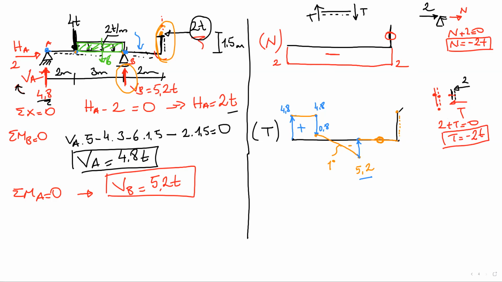Here, what is my shear force? It's minus 2. The negative region, 2. So from the top of this vertical portion to the bottom, there is no other external loading which changes the shear force distribution on the vertical member.